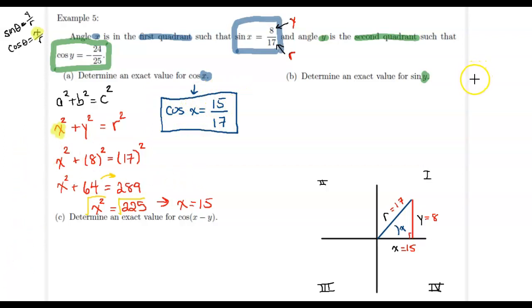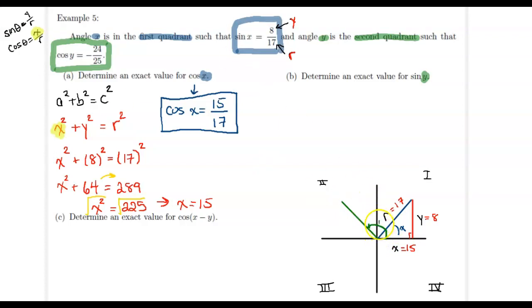We're now going to follow that same process for angle y. They have told us that angle y is in the second quadrant. So y is going to be hanging out over here somewhere, which means from here to here is my angle y. Actually, I'll put that in here.